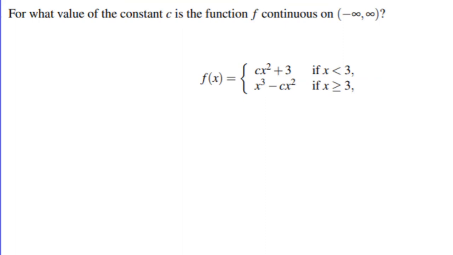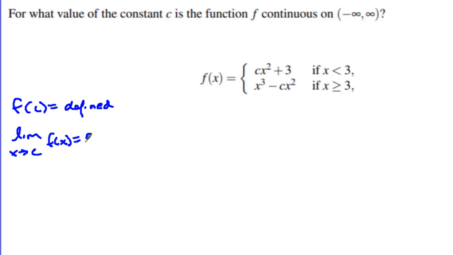Anytime we talk about something being continuous, we have to keep in mind those three conditions. What were those three conditions that we talked about in our previous video? Number one, f of c, this point, must be defined. Number two, the limit as x approaches c from the left and the right of this function must exist.